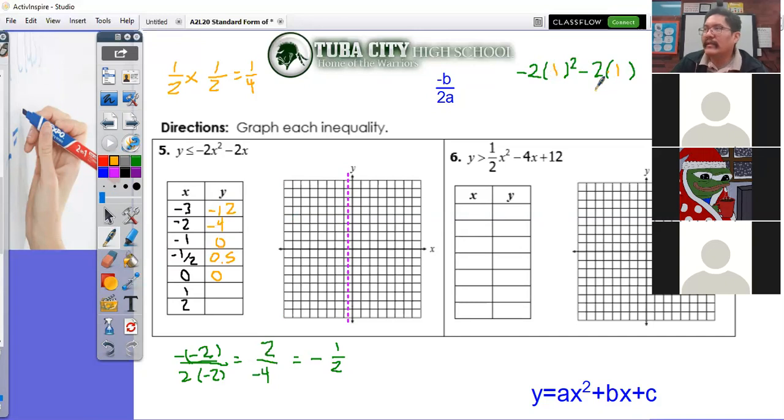So 1 squared is 1, and 1 times negative 2 is negative 2, minus 2. So this would be negative 4. And this last one, again, is not on the graph. So it doesn't make a big difference, because it's not going to be on the graph anyway.